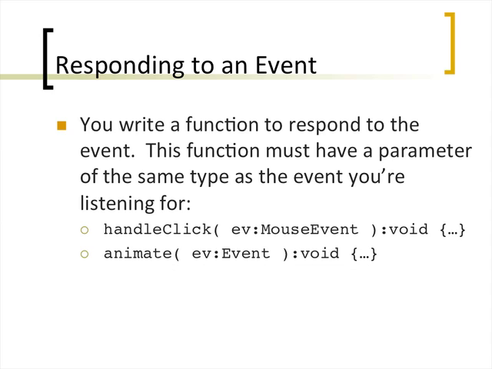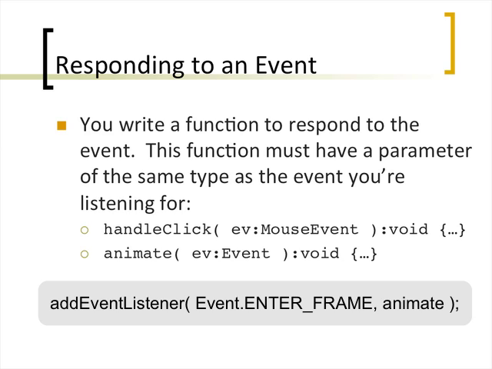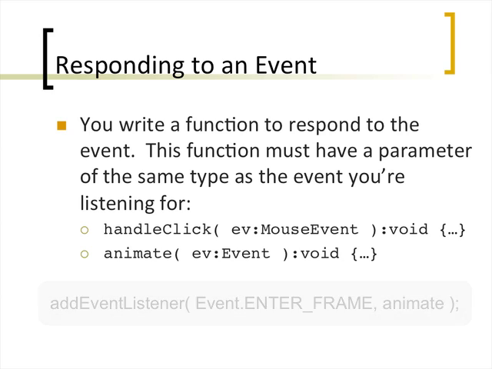If we were animating and listening to the frame event, the function that I'd write is called animate, and it's going to accept a parameter which again I've called ev. You can call it anything you want, but ev reminded me it was an event and it was short to write, and its data type is Event, because when I used addEventListener, if you remember, it was Event.ENTER_FRAME.